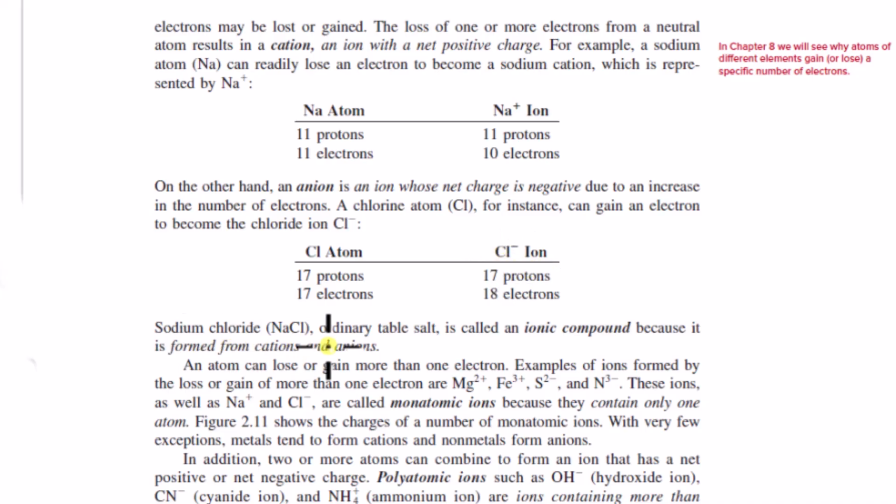Sodium chloride, NaCl, ordinary table salt, is called an ionic compound because it is formed from cations and anions. In a lot of cases, it's energetically favorable in nature, in industry, like in chemical plants.